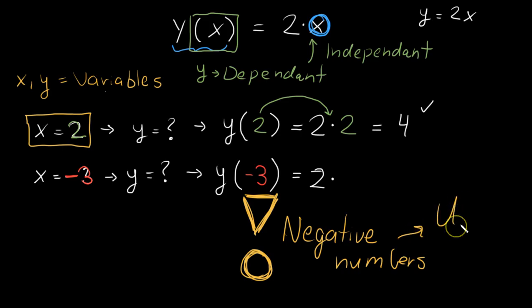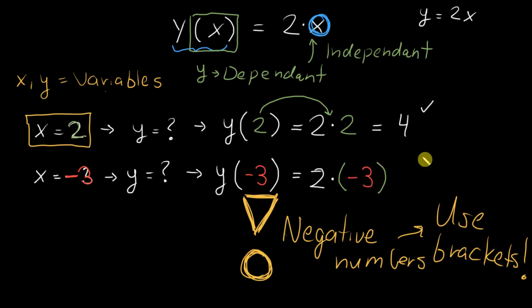Please use brackets. What do I mean? Properly, we add brackets, I'll put them in green, and we plug in our negative number inside when we're multiplying. So it's 2 times minus 3, which is minus 6. So essentially, this is how evaluating a function works.